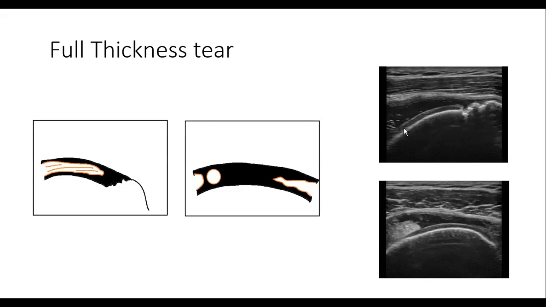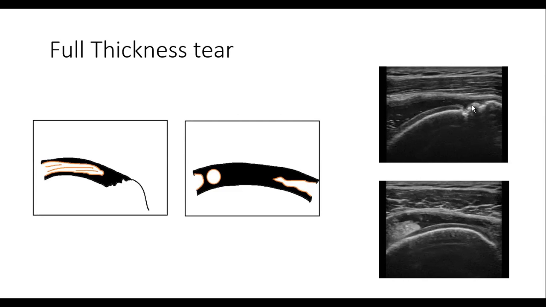So it's called cartilage interface sign. So this articular cartilage is showing a hyperechoic bright rim on top, as you can see there. Make sense? Yes. Okay, all right.